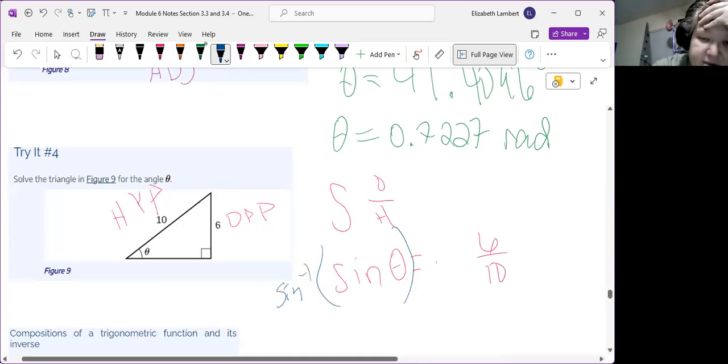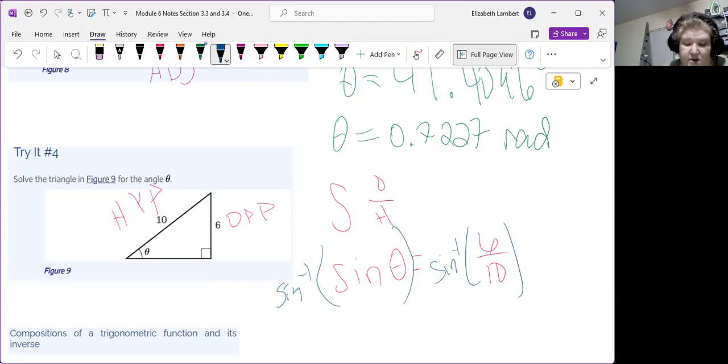So we're just going to use inverse sine. So on my calculator, I'll use my arcsine of 6 divided by 10.